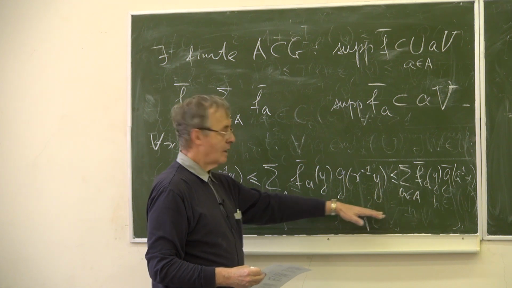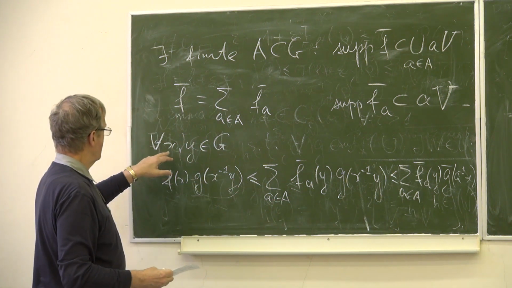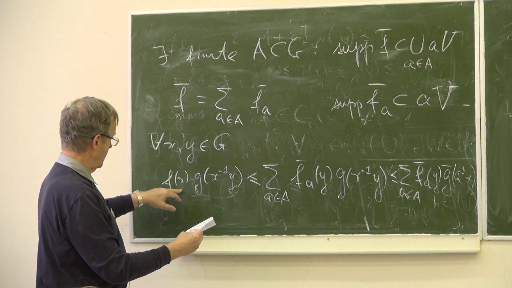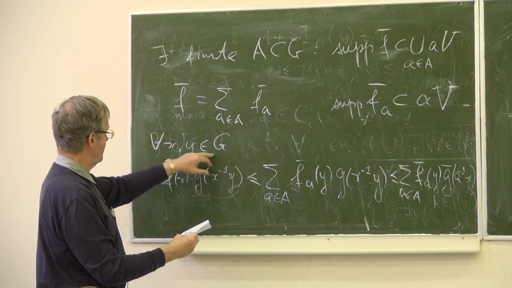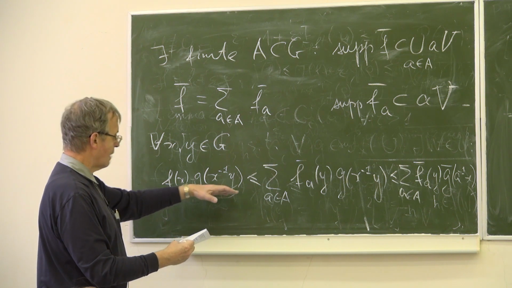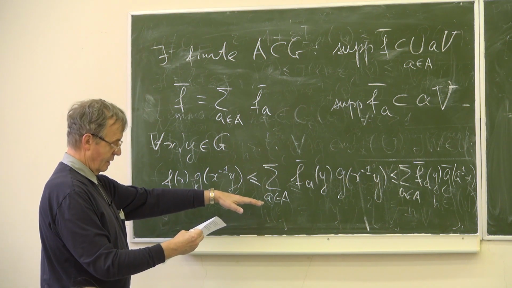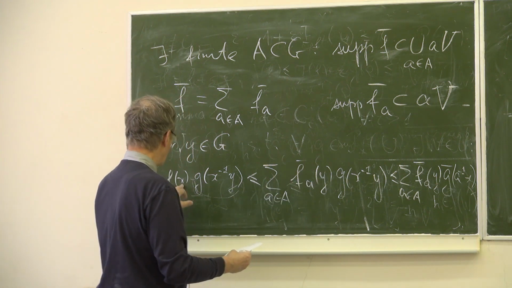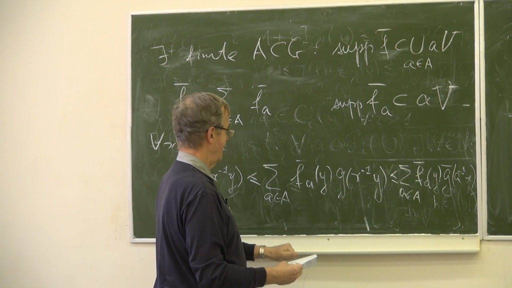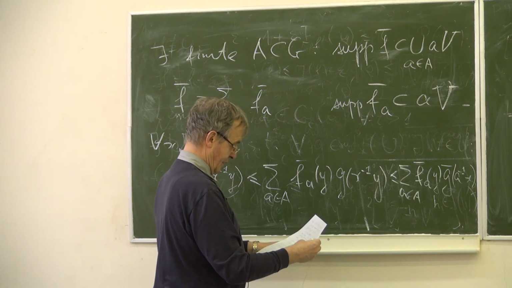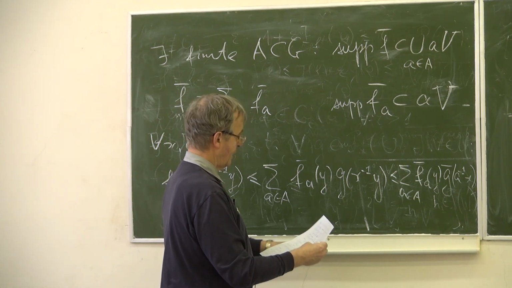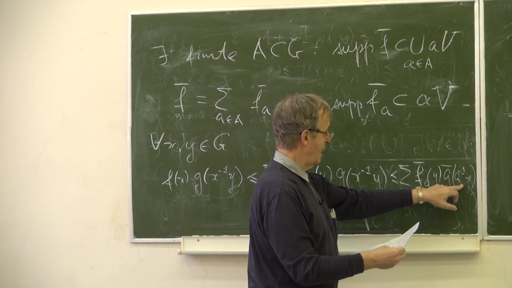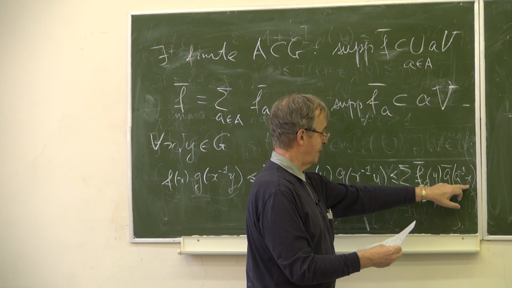I'm sorry, the left is f of x or f of y? Well, where? x, y, and g, and so we have this inequality. This is f a of y. Here we have x, here we have y. Well, and here we have this, and here we have a to the power minus 1 x.